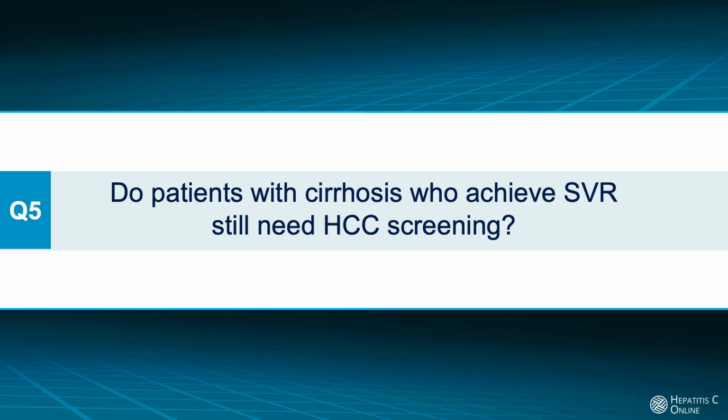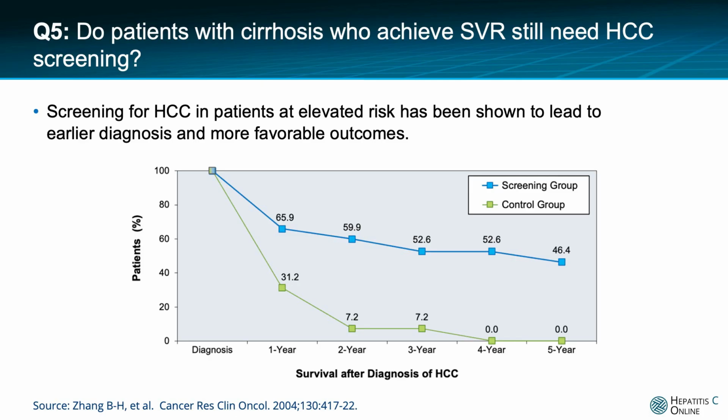For our final question, we'll evaluate if patients with cirrhosis who achieve SVR still need screening for hepatocellular carcinoma. Hepatocellular carcinoma, or HCC, screening in patients at elevated risk has been shown to lead to earlier diagnosis of HCC and more favorable outcomes.